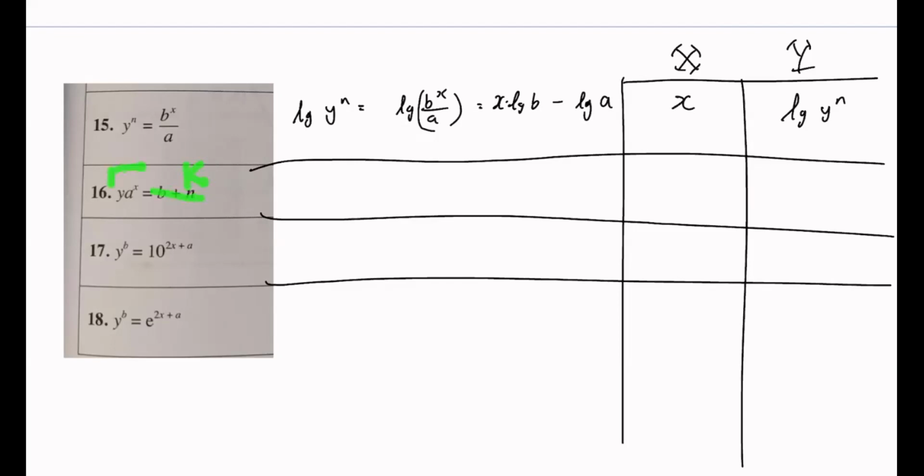Then you have a product on the left side. What should you do? A product, multiply, must turn into a sum using log. That's why this topic comes after logarithms. Just log everything.